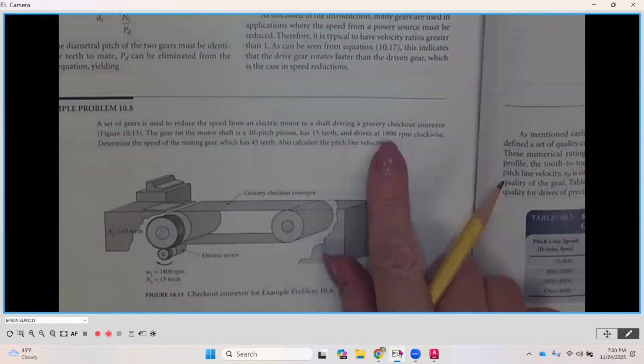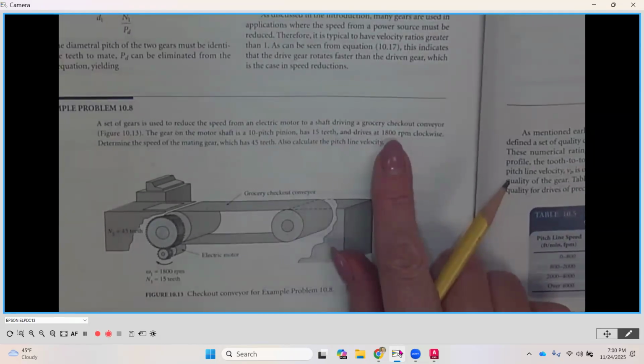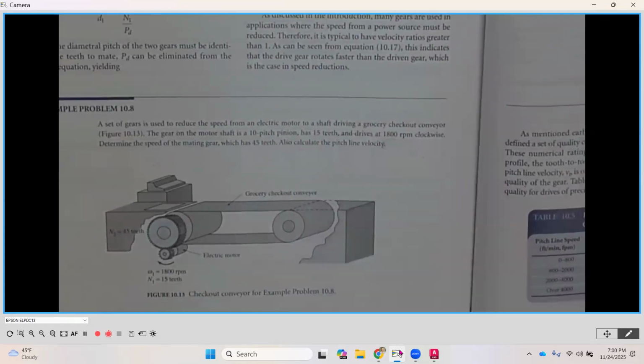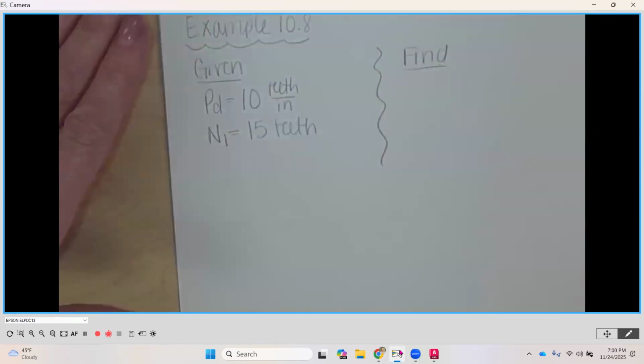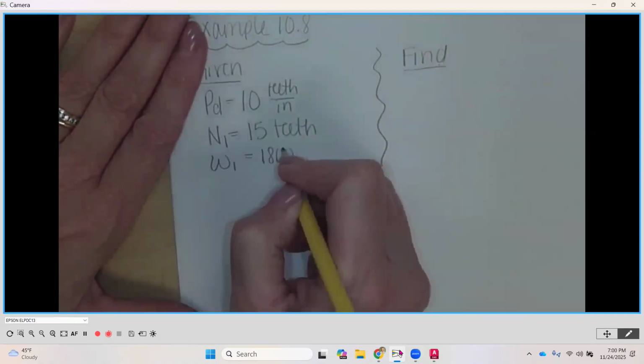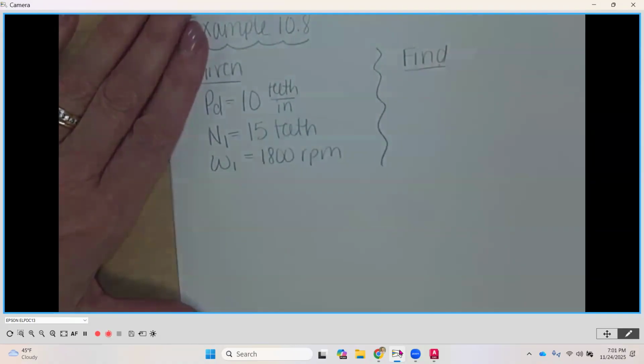It tells us that the pinion drives at 1800 RPMs. What is the variable for that? Omega 1, or W1. So omega 1 is equal to 1800 RPMs.